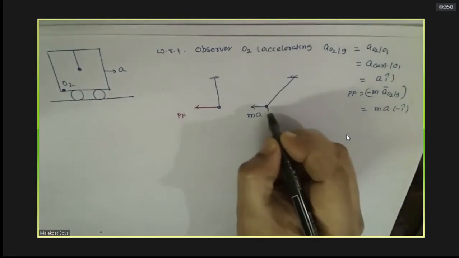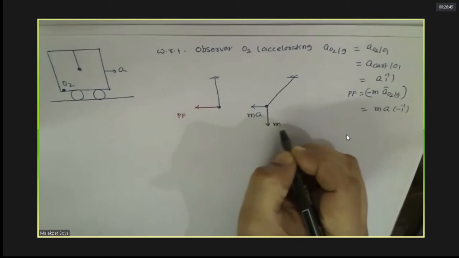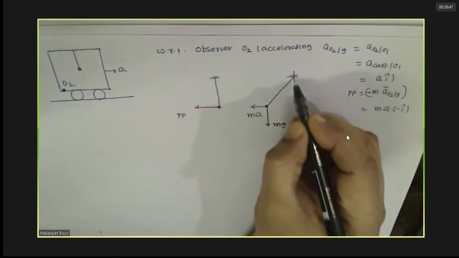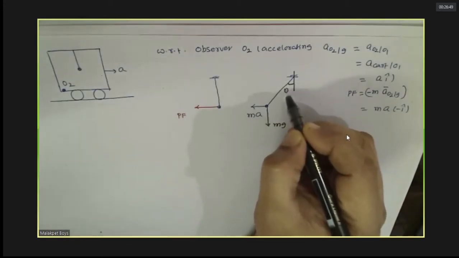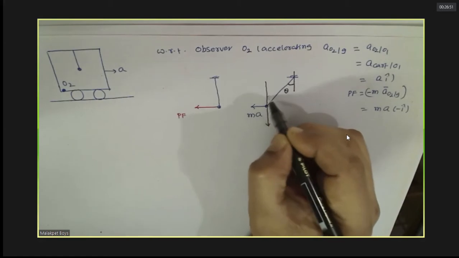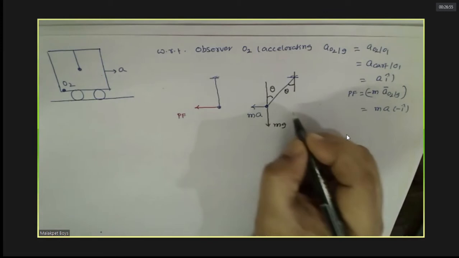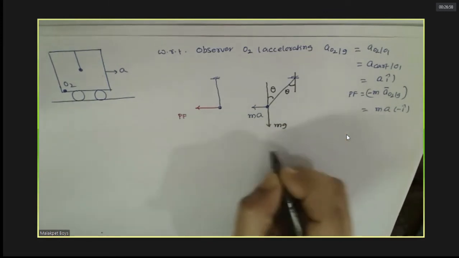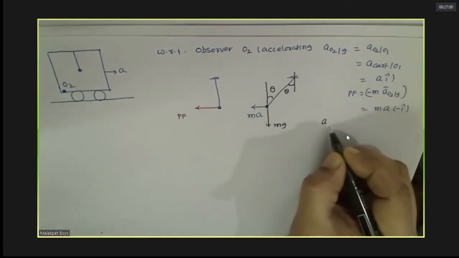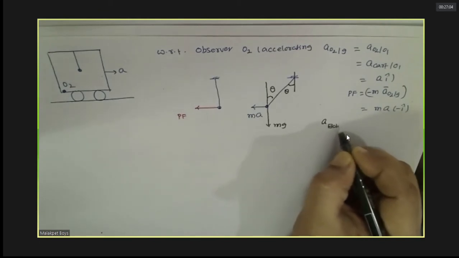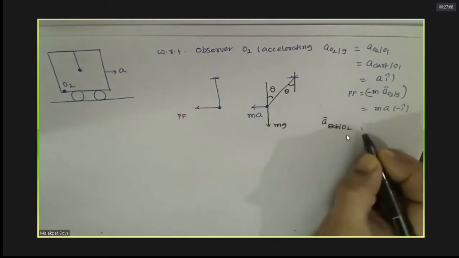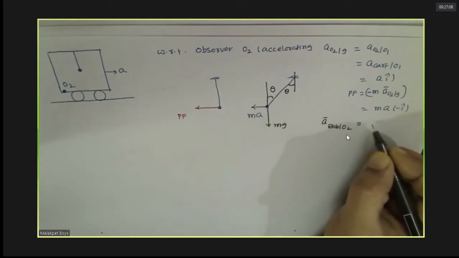Sometimes pseudo forces help us solve easily. Sometimes they're not required. So I'm just explaining how to solve with pseudo force and without pseudo force. So this is some theta. Now we can see what is the acceleration of Bob with respect to O2. It is 0, no?